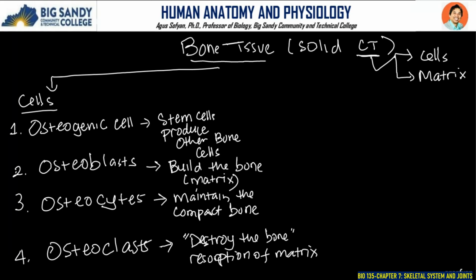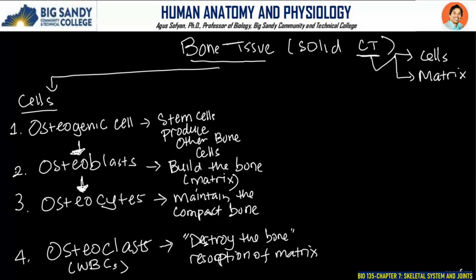Again, osteogenic cell is the stem cell that will produce the osteoblast. The osteoblast will develop into osteocyte, especially in the compact bone. And the osteoclast is actually coming from white blood cell. So osteoclast is actually white blood cell that stay in the bone tissue.